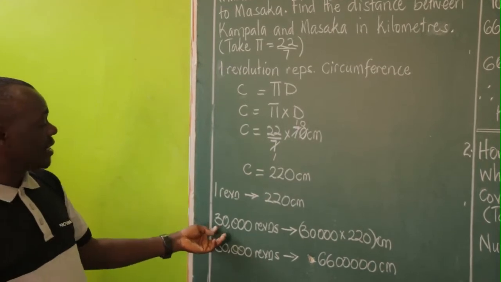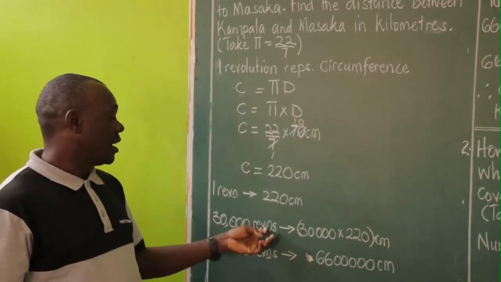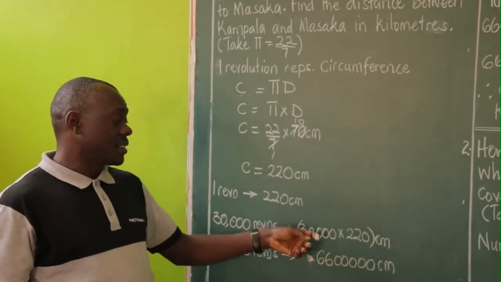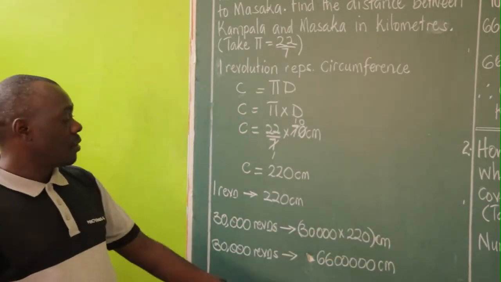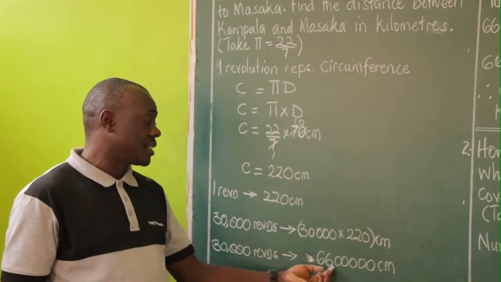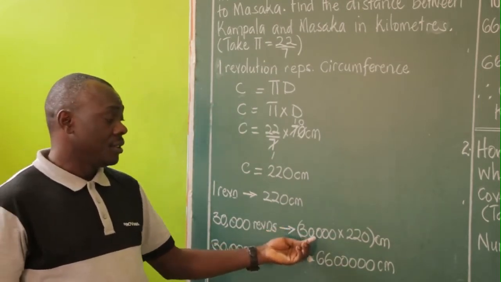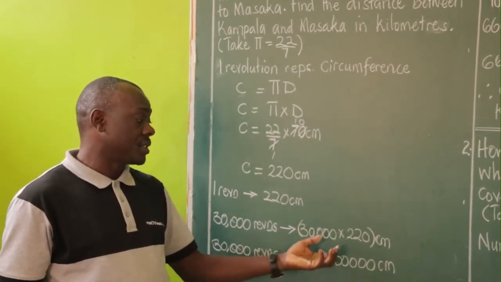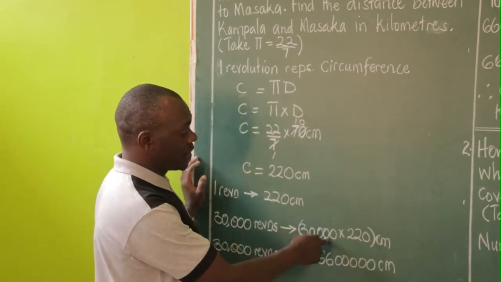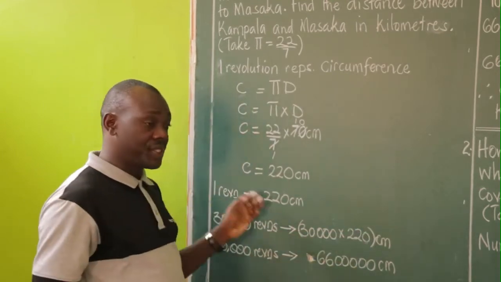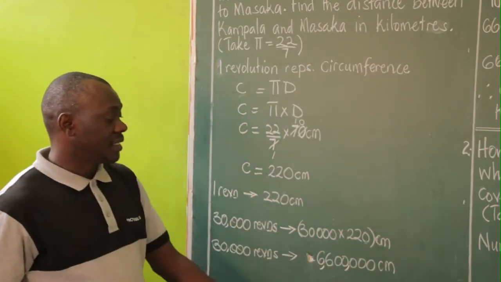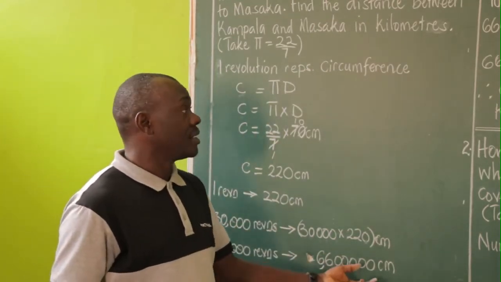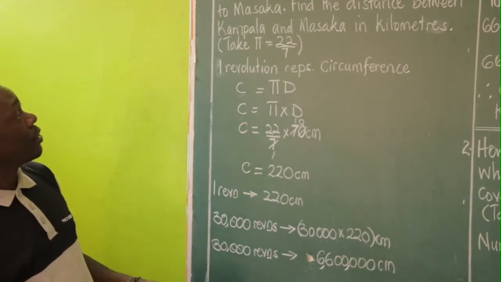What about 30,000 revolutions? That is 30,000 times 220 centimeters, whereby 3 times 22 is 66, and you write all the zeros, that is 1, 2, 3, 4, 5, onto 66, thereby getting 6,600,000 centimeters.